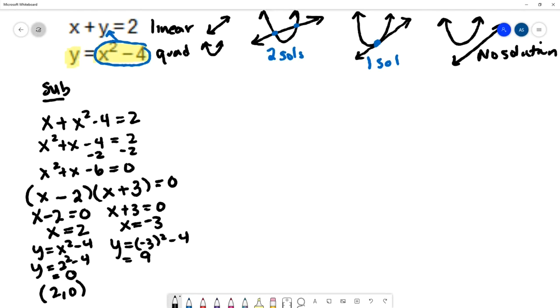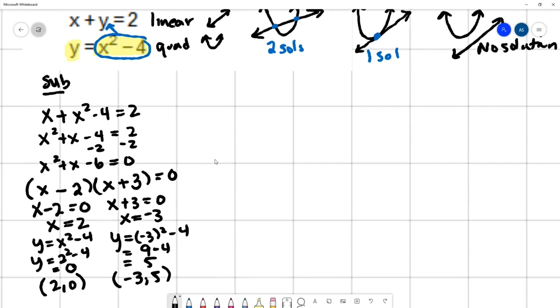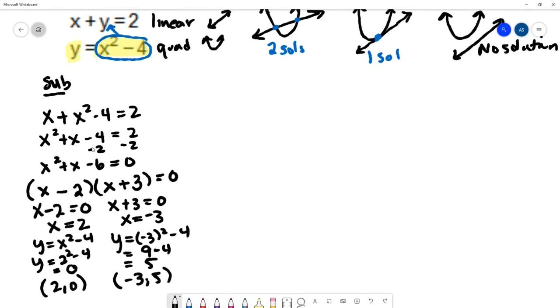Negative 3 squared is 9, minus 4 is 5. So the other solution is (-3, 5). So we found our solutions to the system using the substitution method to be (2, 0) and (-3, 5).